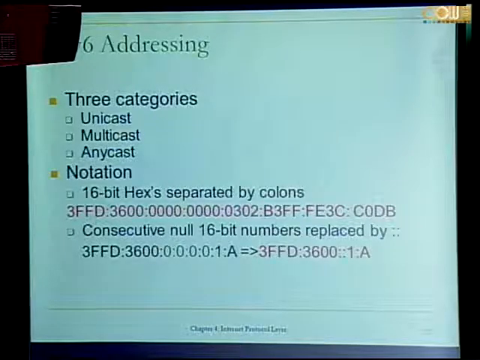So if you have 4 hex digits together, then it will be 16 bits, and you need 8 of such 16-bit groups.